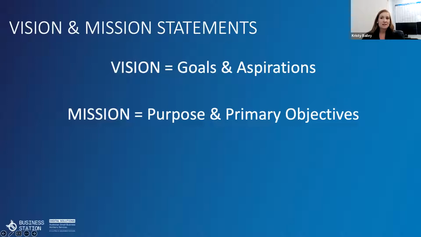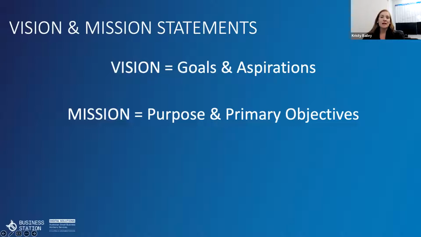Now, a vision statement is really designed to be uplifting and inspiring. They also tend to be timeless, so they're not time bound. So even if as an organization you change your strategy, the vision does often stay the same. Now, that differs slightly to mission statements, which define your organization's or your business's purpose and your primary objectives, but they're set in the present tense.